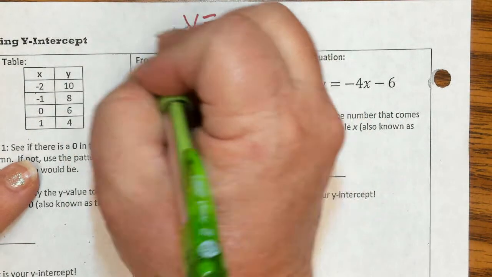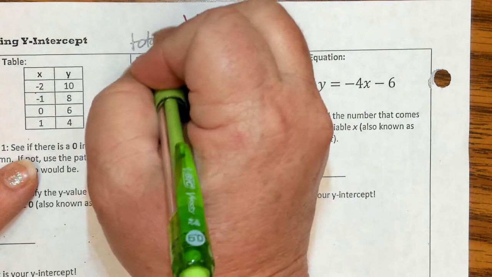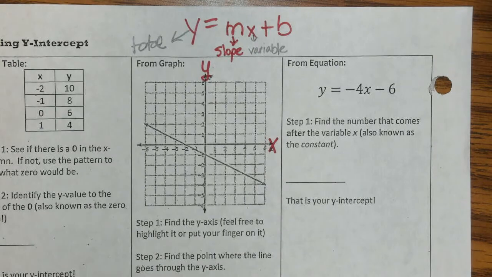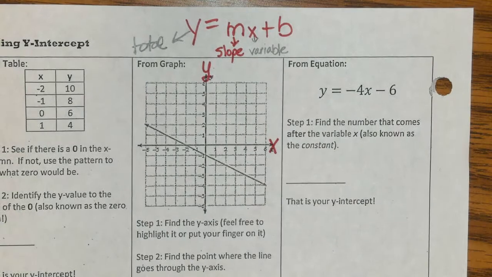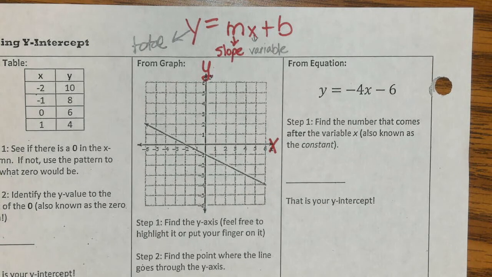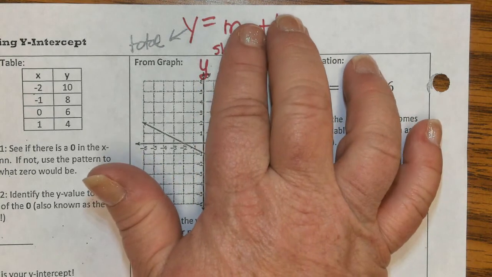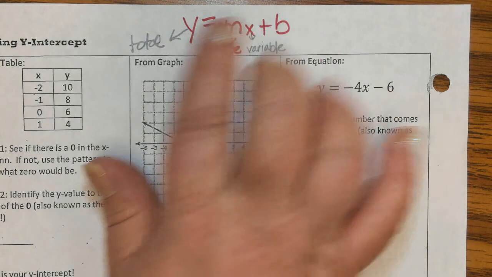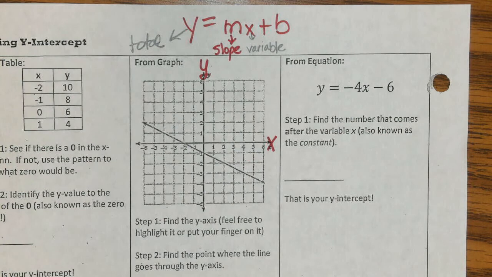Y always represents some form of a total, or what this equation equals. I like to use the word total, because whatever this comes together and equals, that's what y is. Y is your total.